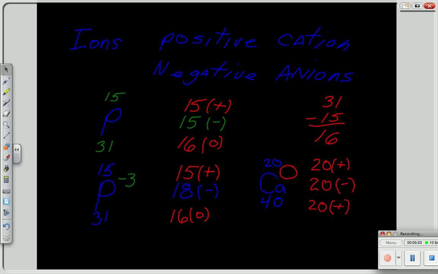But what if you happen to look at this calcium and you notice that there happened to be a +2 charge on it? Well, that +2 charge now means that I have 2 more protons, 2 more positively charged particles than I have negatively charged particles.